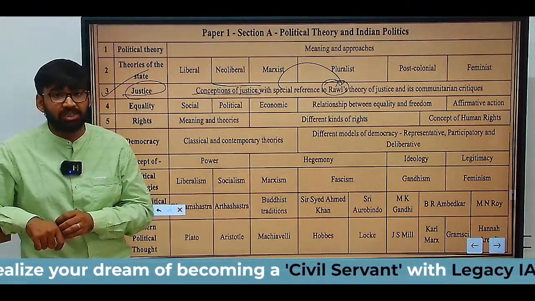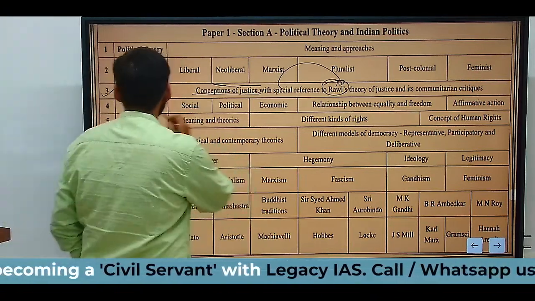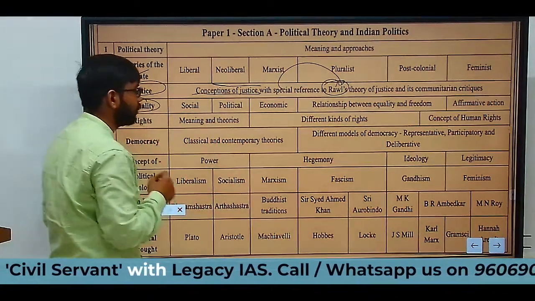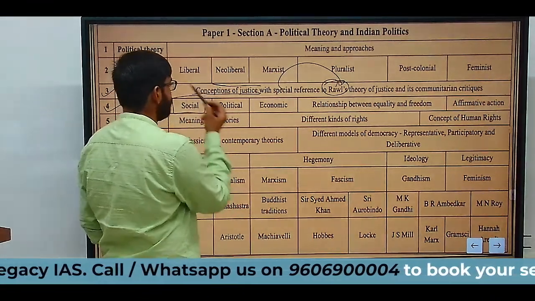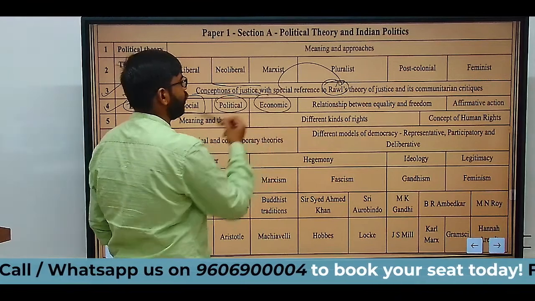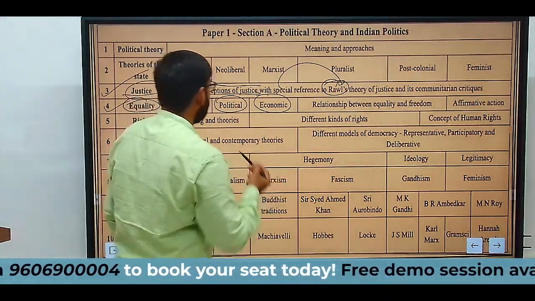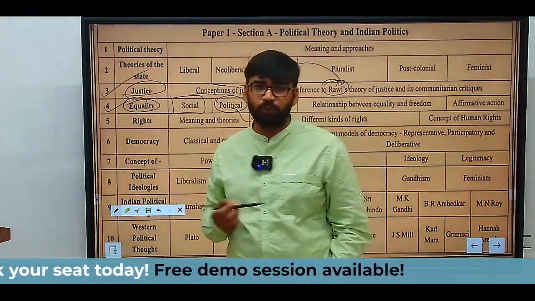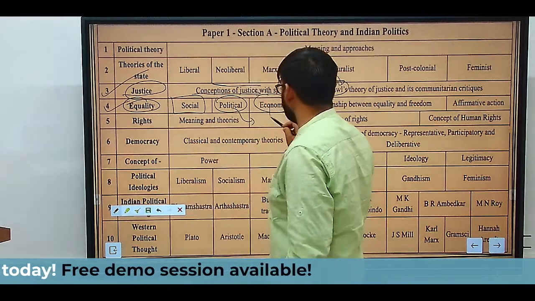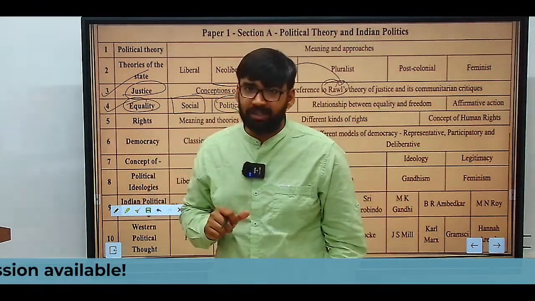So justice and equality, that is chapter number 4, both are important. In terms of equality, social, political, economic equality are there. Political equality, like the right to vote, should be given to all. Economic equality means reduction in inequalities.